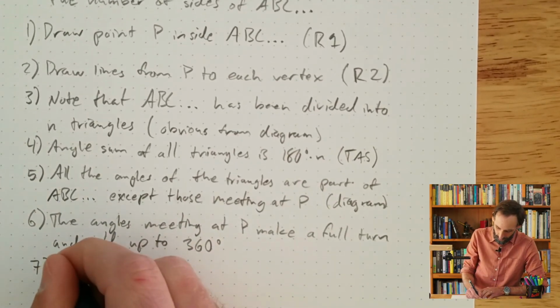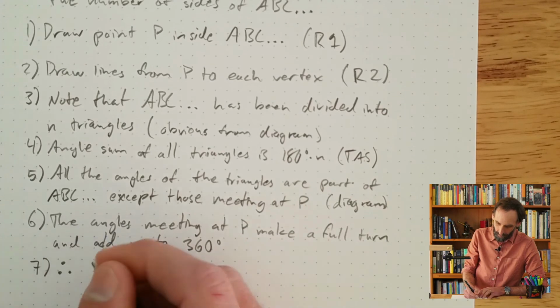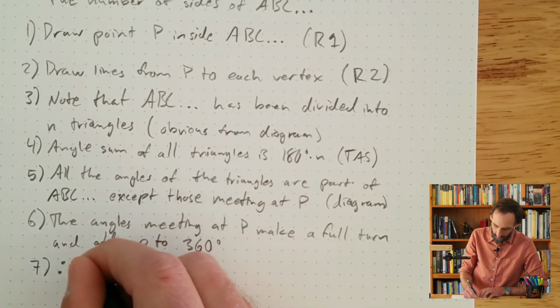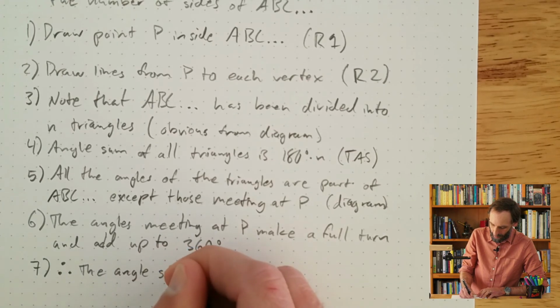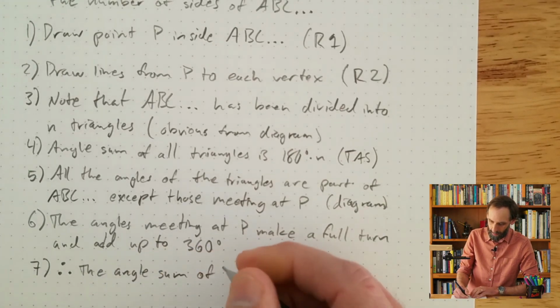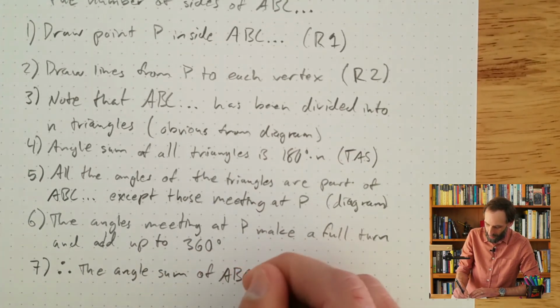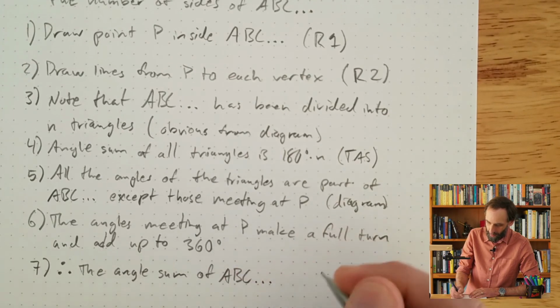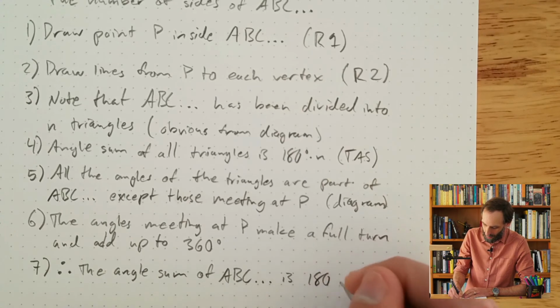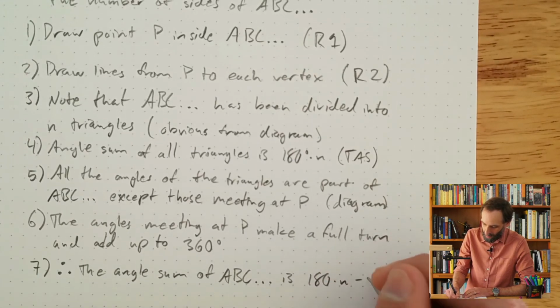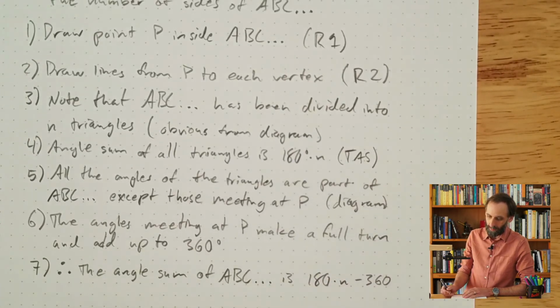So therefore, the angle sum of ABC ... is 180 times n minus 360.